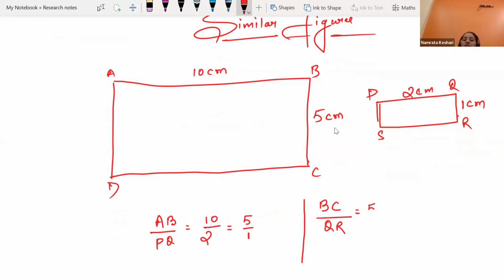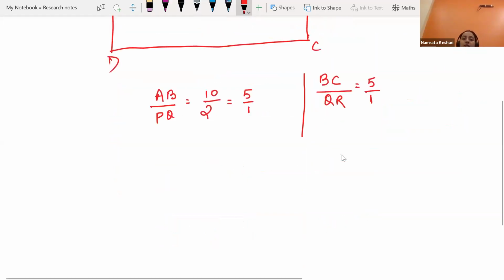Again, we are getting 5 is to 1, right? So these two figures are similar figures. The condition for similarity is that the sides must be in the same ratio, or sides are proportional with each other. Basically, this terminology proportional means maintaining the same ratio.